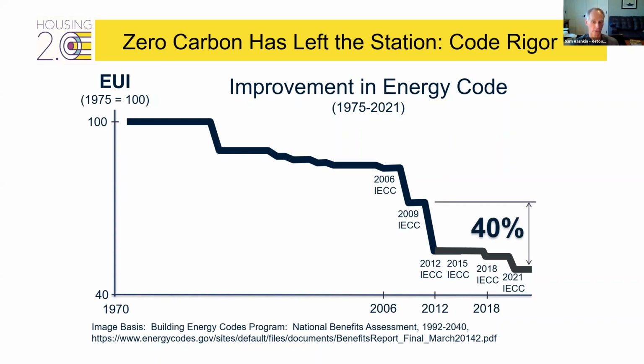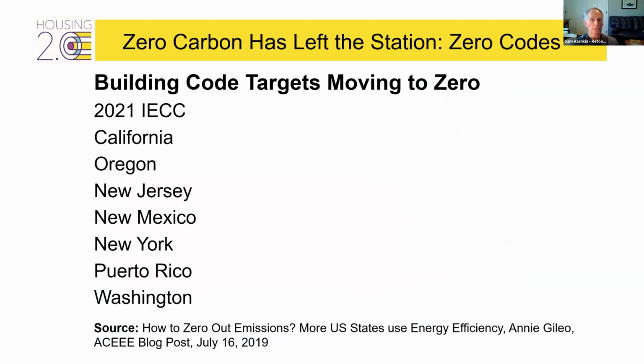And what you should know, in the last decade and a half, a 40% increase in rigor in the National International Energy Conservation Code. And I'm going to suggest later in more detail how that latest code is in fact a zero energy ready enclosure code for the entire country. On top of the codes getting more rigorous, you should also note that a lot of states beyond the national code are adopting codes that are already targeting zero.